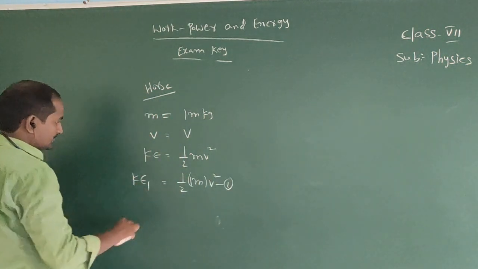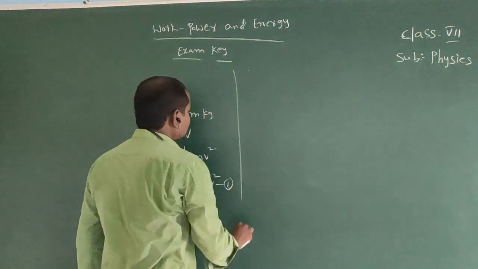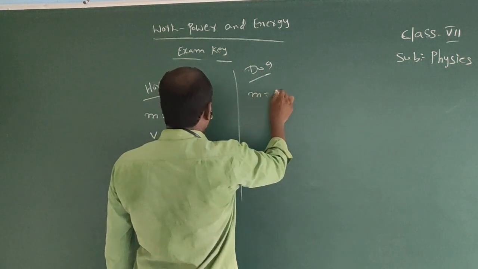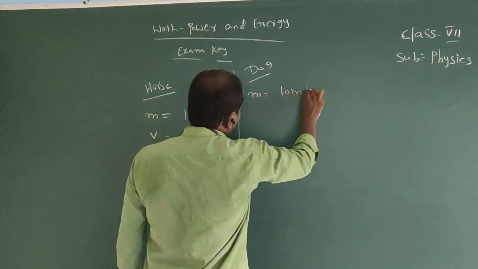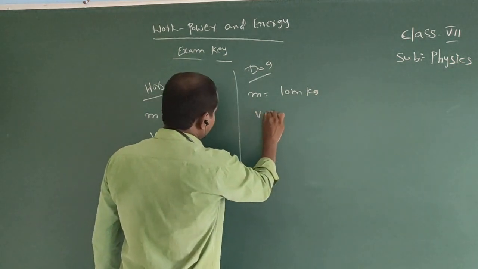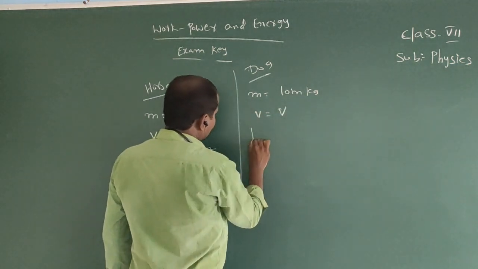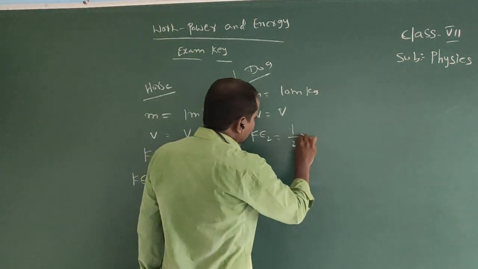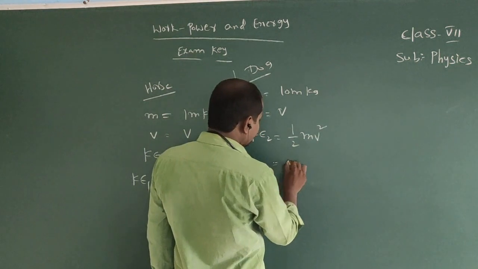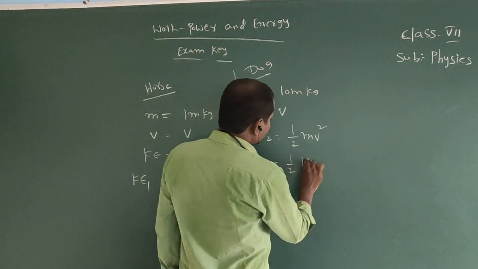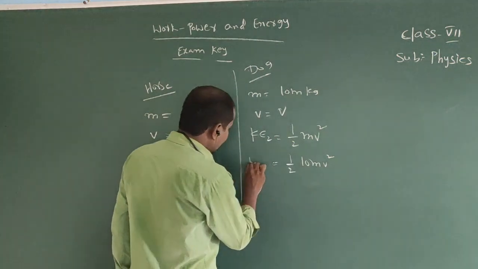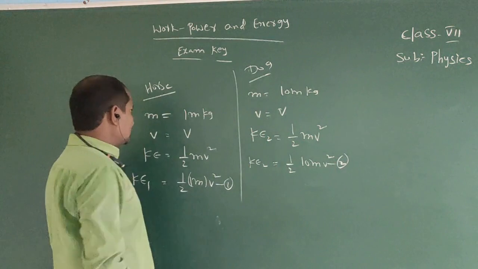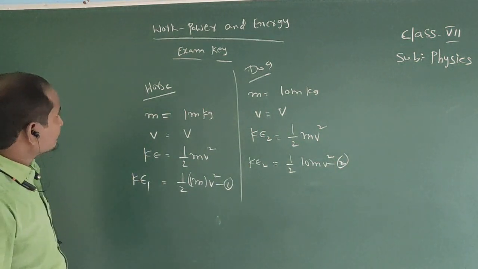For example, K1. Next, dark. Dark mass equal to 10 kg. Velocity equal to V only. So here K2, the kinetic energy of dark, equal to half into m into V square, so half into 10m into V square. It is equation number 2. Now the ratio between kinetic energy of Earth and dark.